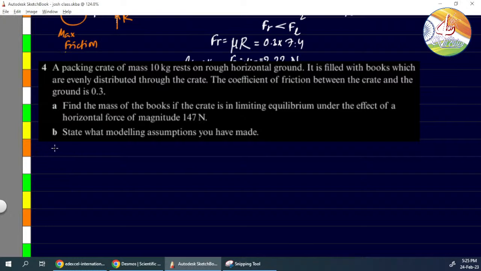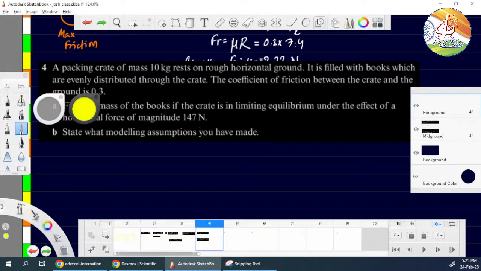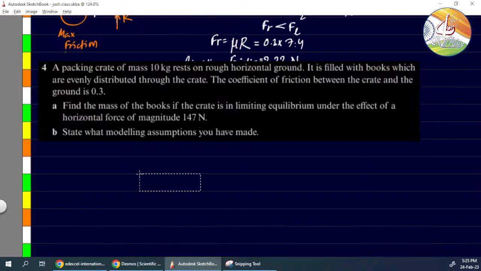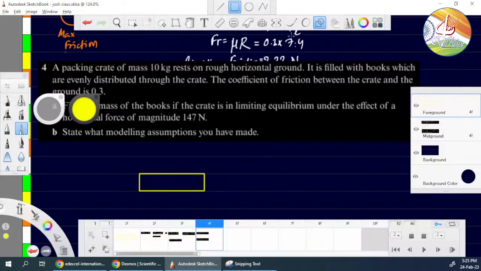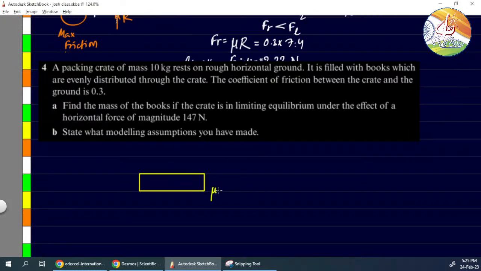So let's start. We have a crate, so let's draw it as a crate. Then on top of this we have books. The coefficient of friction between the crate and the ground is mu, 0.3. The mass of the crate is 10 kgs, so its weight is 10 g.